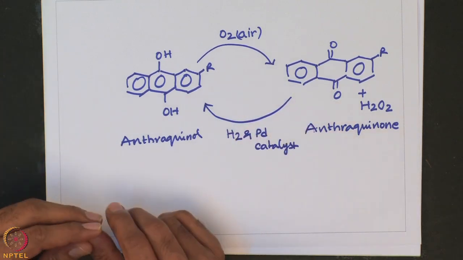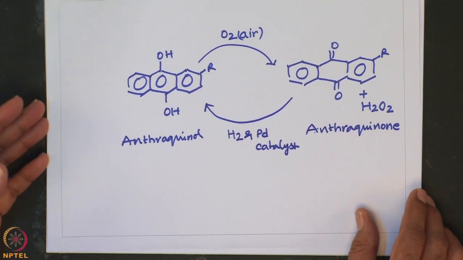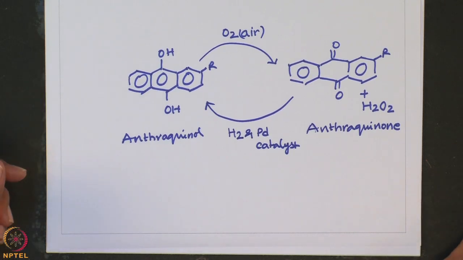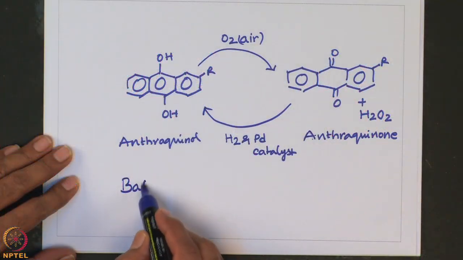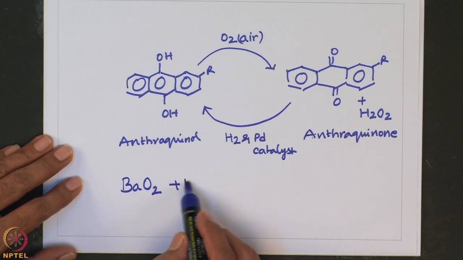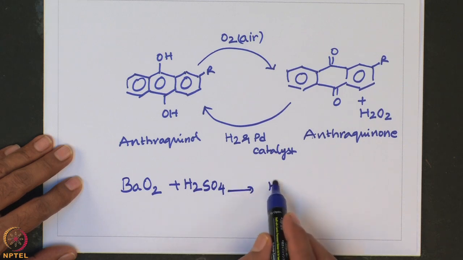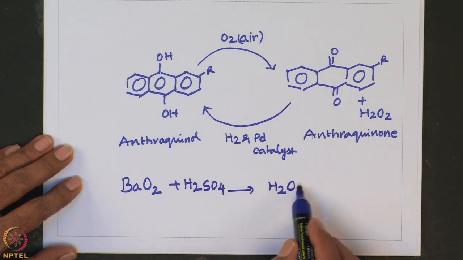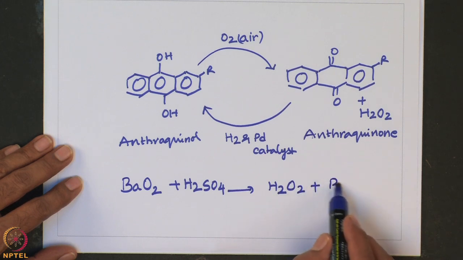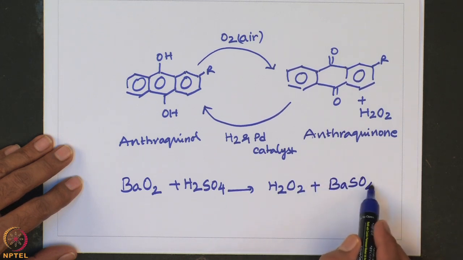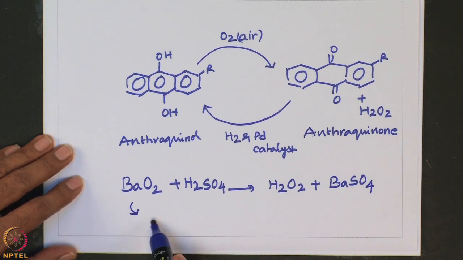This can be repeated several times to produce H2O2, and of course, the laboratory method involves simple interaction of barium peroxide with sulfuric acid. So, this is the laboratory method.